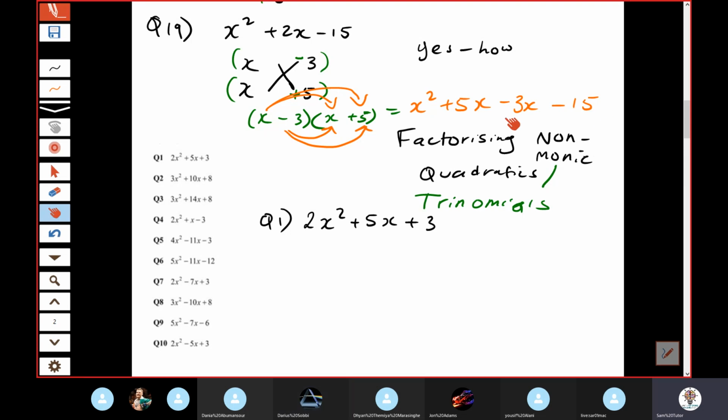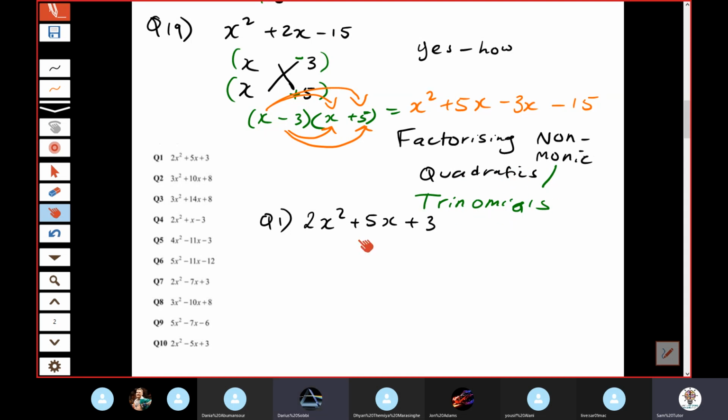But what actually happens when you simplify these two? They become trinomials. They become 3 terms, so they become a trinomial. 1, 2, 3. So technically the same thing. Now, very unlikely are you going to hear me ever say trinomials, just because quadratics is a bit more universally used.